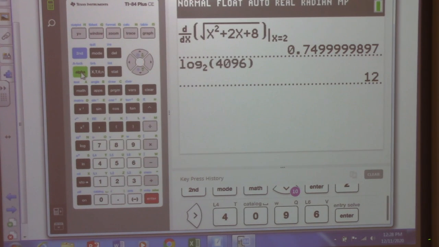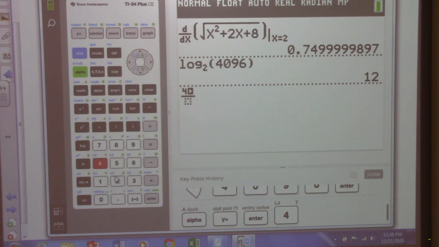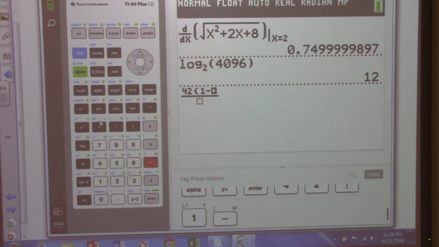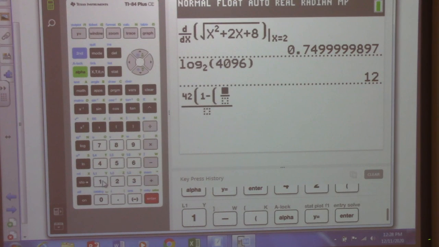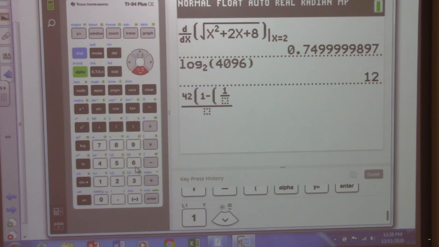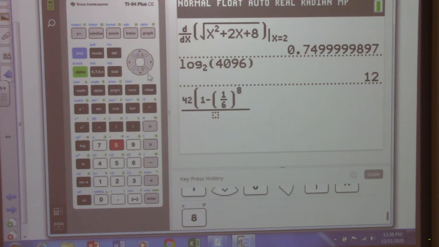So we have 42 times 1 minus 1/6 to the power of 8. I hope that works out right.